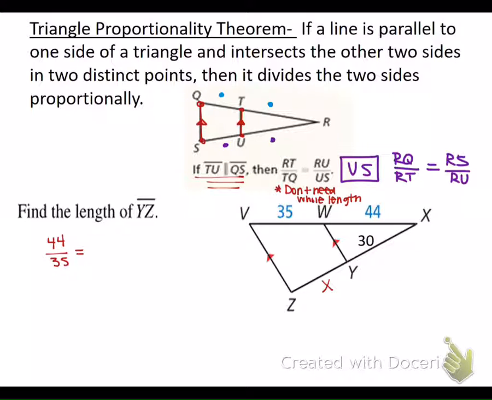Which one corresponds with the 44? 30 over X. So these two sides correspond to these two sides. So you can cross multiply.